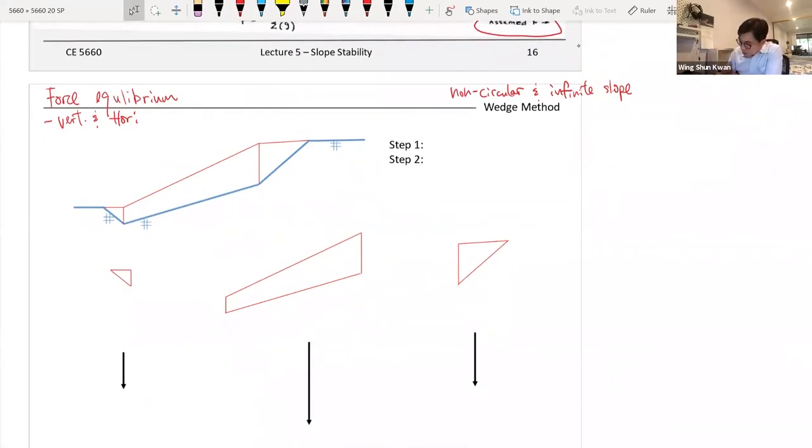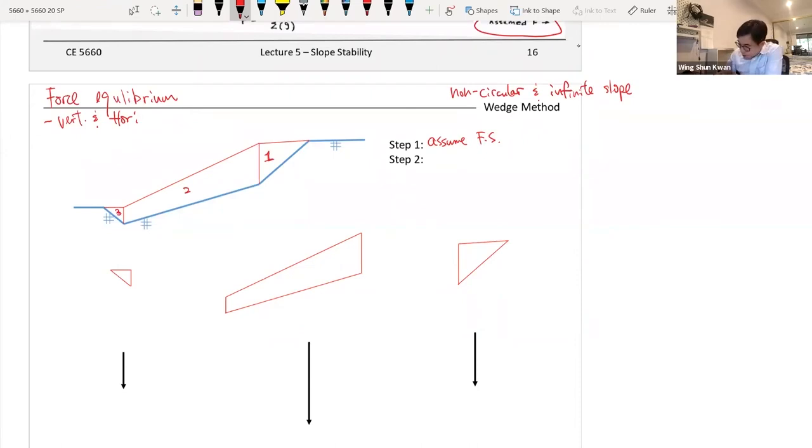First, you assume the factor of safety. And then, the way it works, you divide your failure wedge into different sections. In this case, for example, we divide it into 3 different sections, 1, 2, and 3 right there.